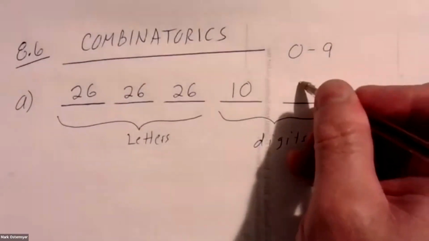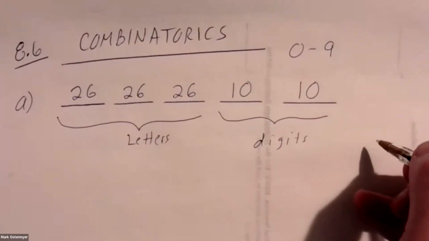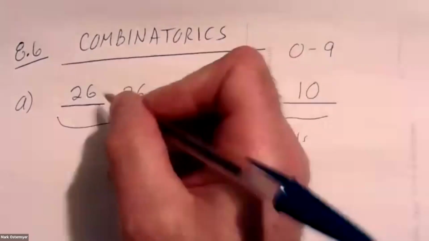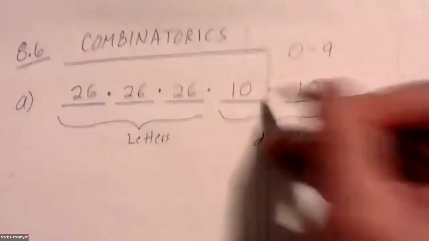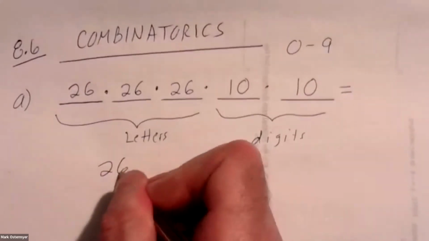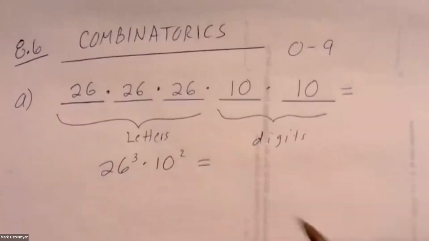We could have repeated digits, so there are 10 possibilities for the last digit also. How many different passwords are possible? According to the fundamental principle of counting we just looked at, we would multiply all of these arrangements. So get on your calculator and tell me, what is 26 cubed times 10 squared? What does that give us?